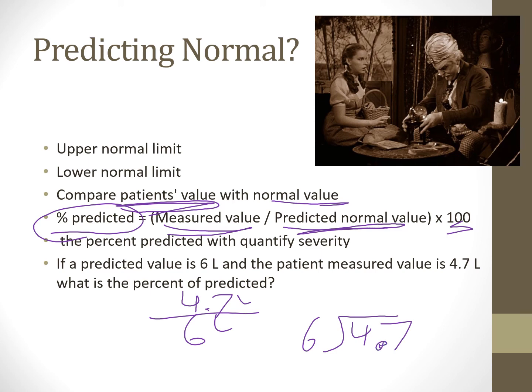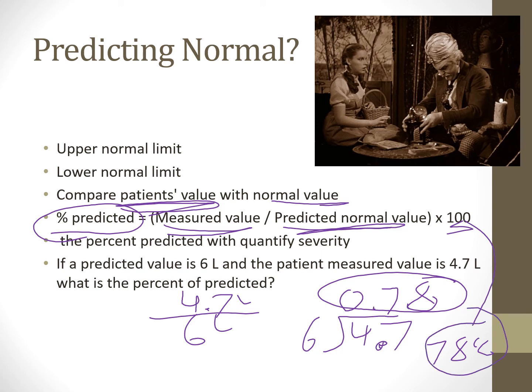This is just me being old. It's going to be 0.78. So this is going to be 78% when I do the 100 thing. So the patient got 78% of what was predicted for them.